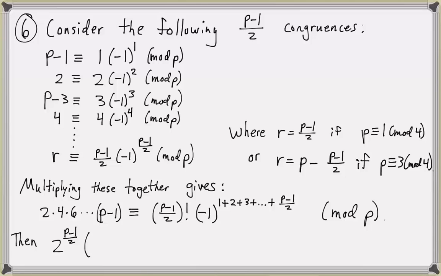And what I'm left with is 1 times 2 times 3 all the way up to (p minus 1)/2, which I'm going to rewrite as ((p minus 1)/2) factorial. And we notice that factor is in common on both sides of this congruence, so we'll deal with that next.